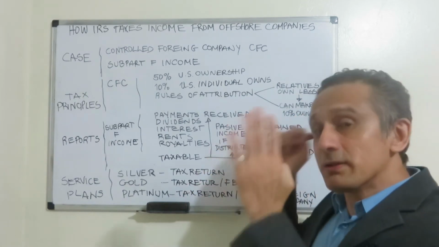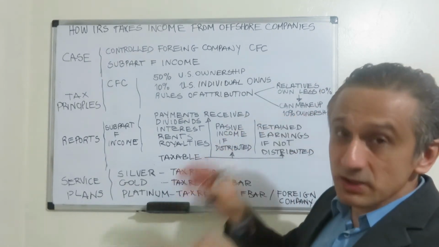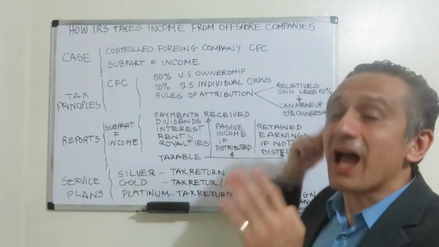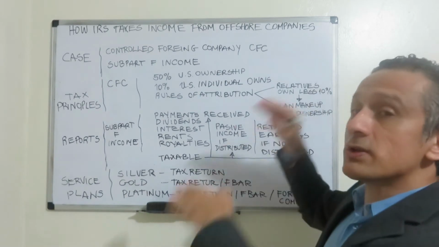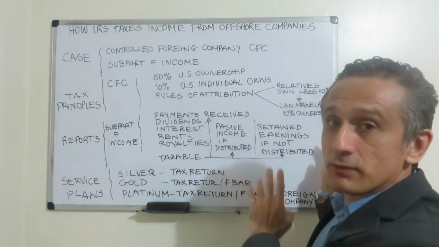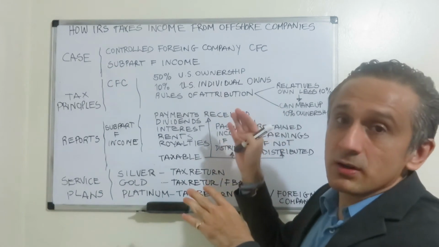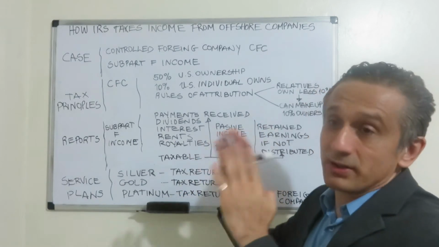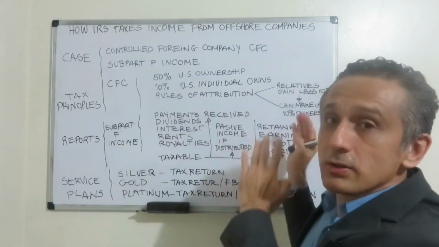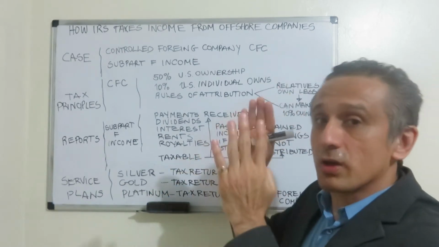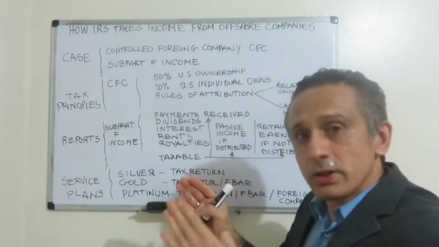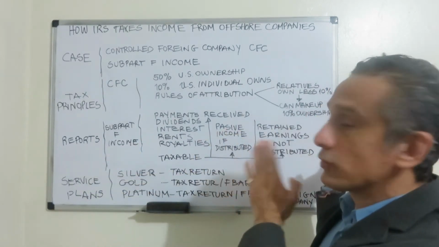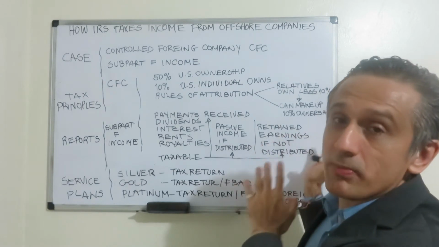And even if those payments or distributions are not given to the 10% owner, that still creates a reportable and a taxable event, meaning that even though there are no distributions of dividends or active payments for consulting or whatever the payments are, even if the company doesn't pay the U.S. stockholder, the U.S. owner, 10% or more of the company, is obligated to report in Subpart F and pay taxes on those retained earnings in the company that are not distributed.